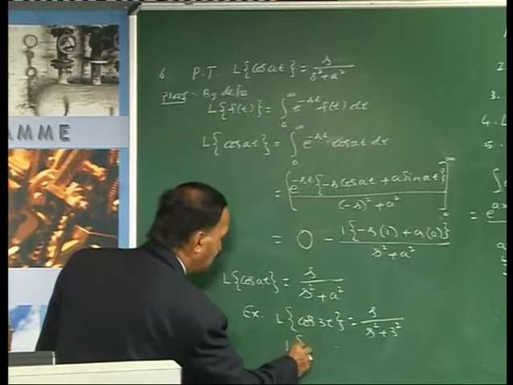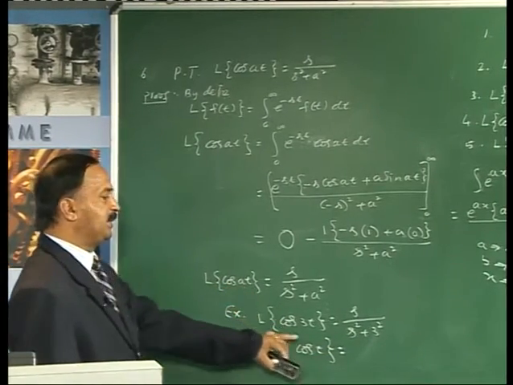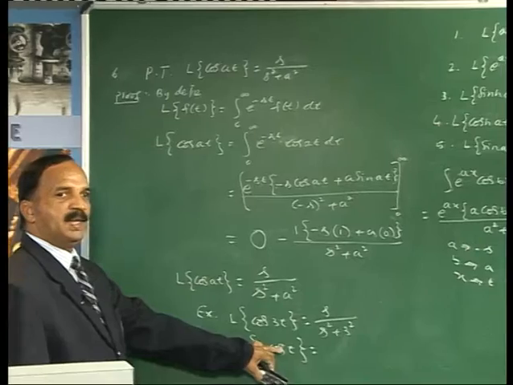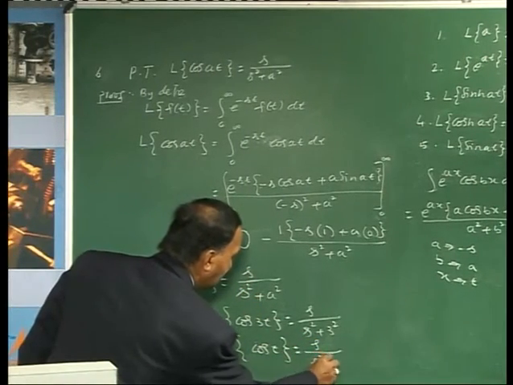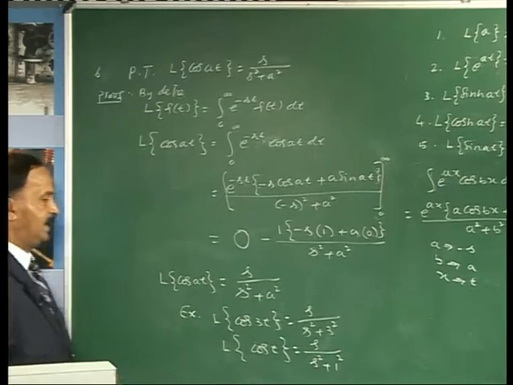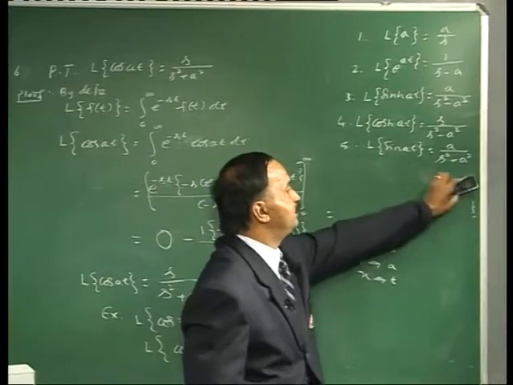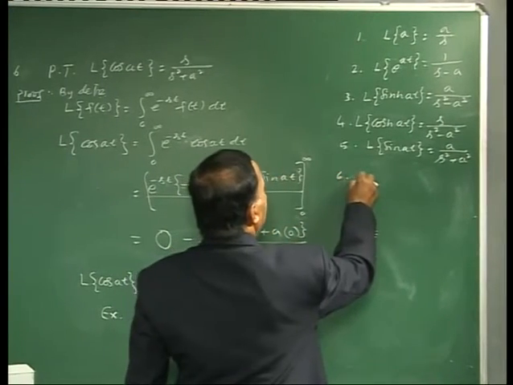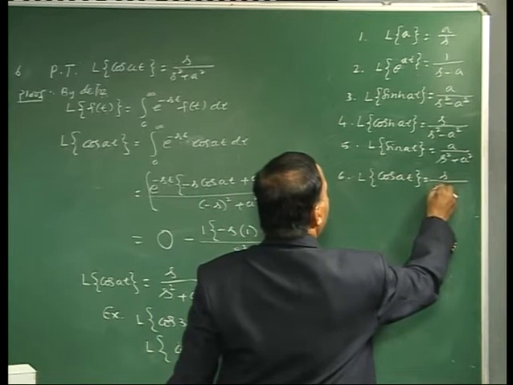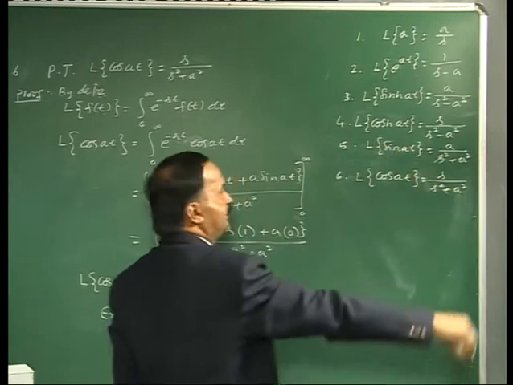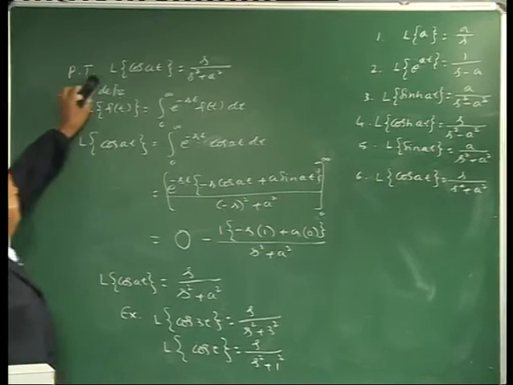One more example, L of cos t: put a equal to 1 by comparing these two, then this becomes s divided by s square plus 1 square, or 1. So that is number 6, L of cos at is s divided by s square plus a square. Next, number 7.